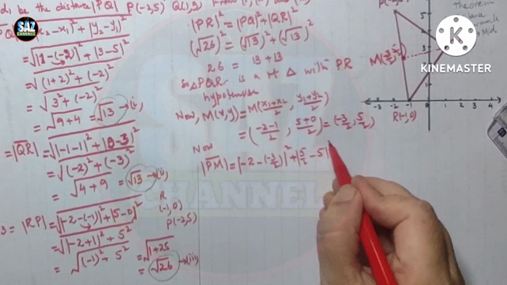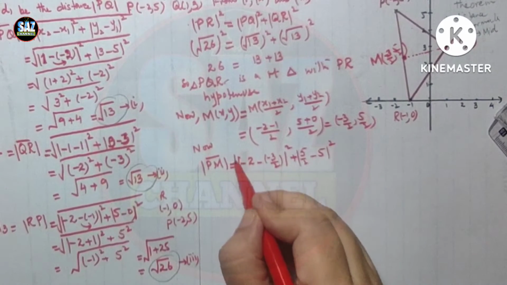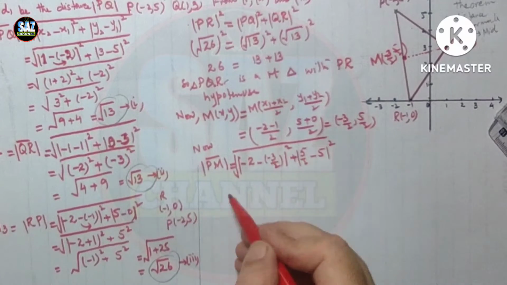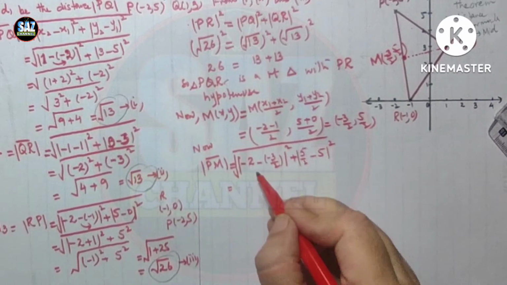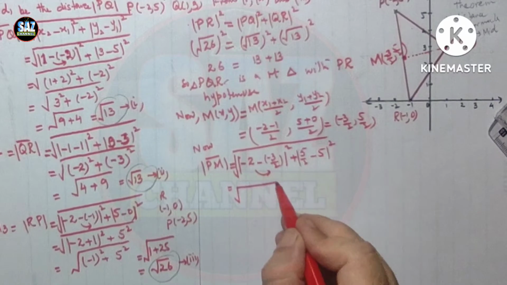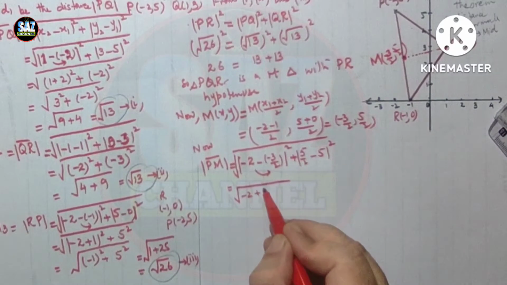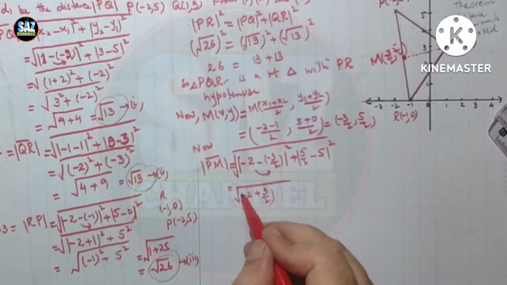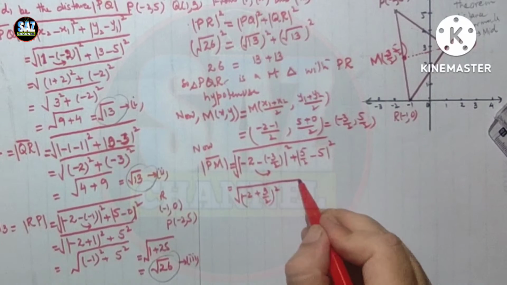Now minus multiplied by minus will become plus. This will become minus 2 plus 3 by 2 whole square plus 5 by 2 minus 5 whole square.